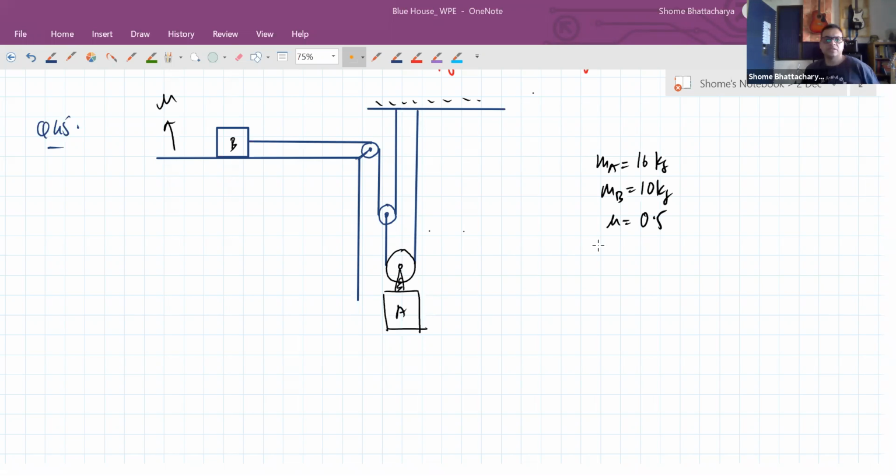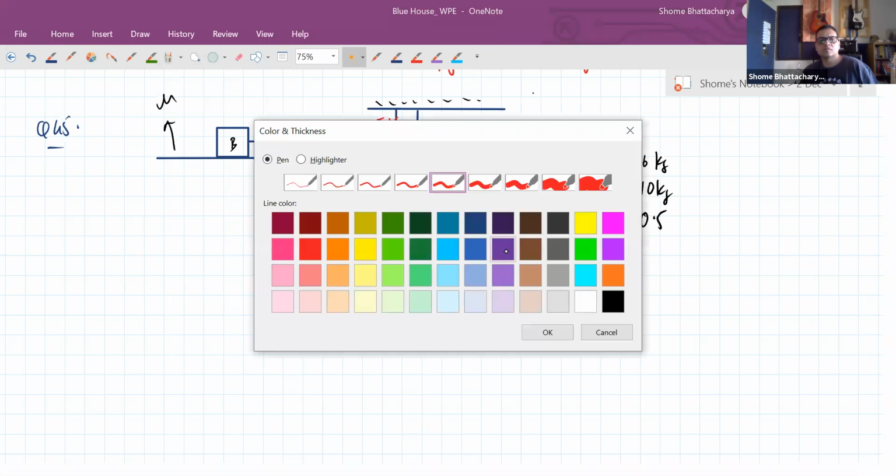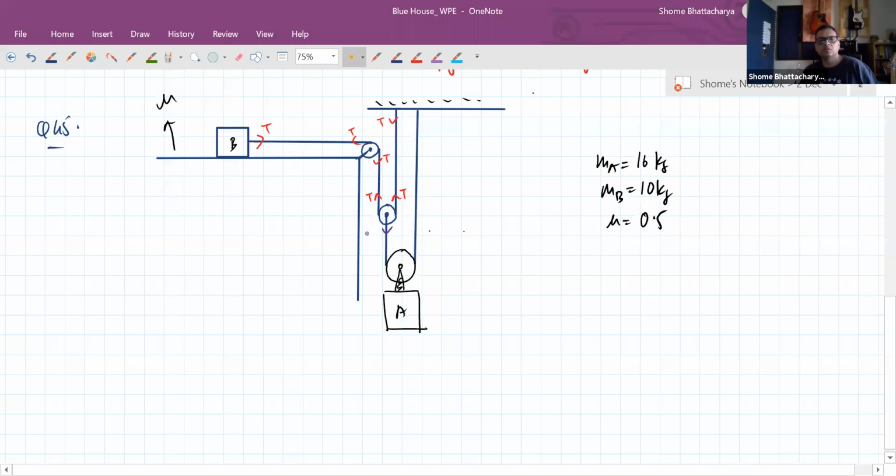And we have to take g as 10. So first of all, let's understand the distribution of tension. If the tension in this thread is T, all the pulleys are massless. We have to consider all pulleys to be massless. So what about the tension in this thread? This tension will become 2T.